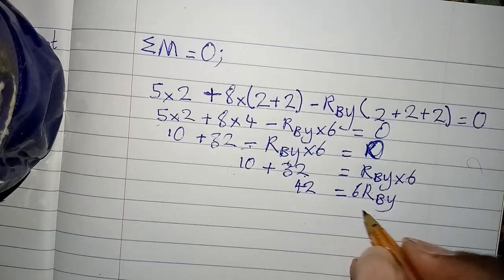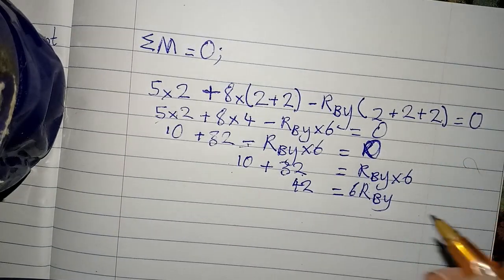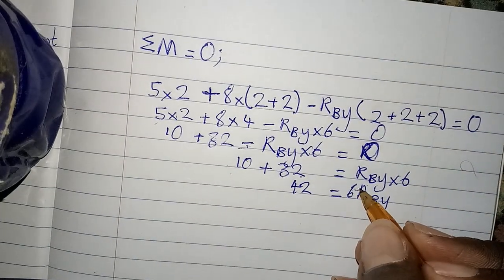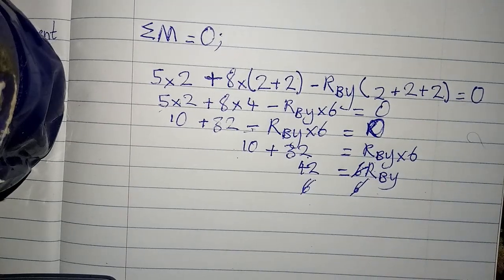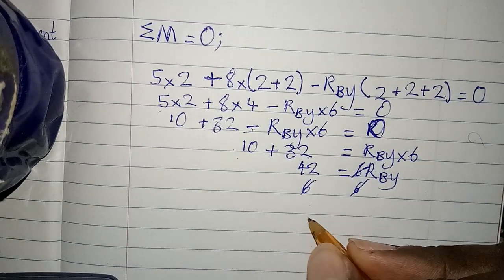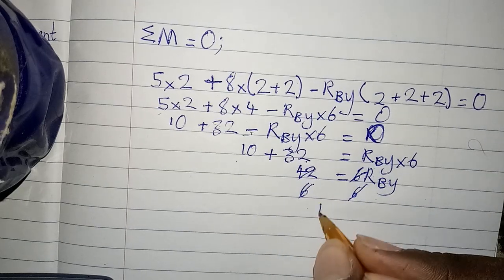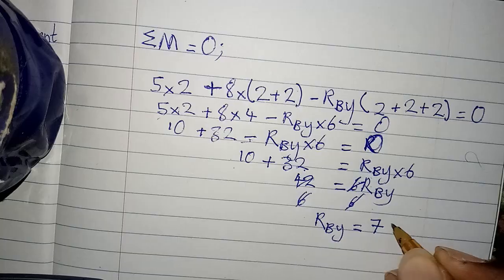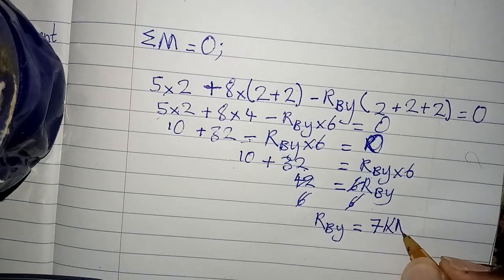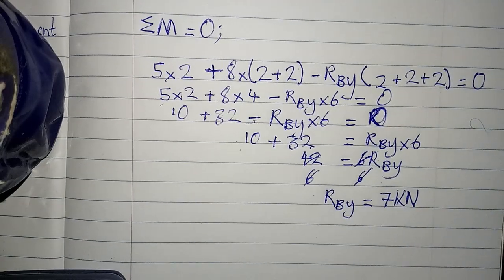So let's divide both sides by 6. 42 divided by 6 gives RBY equal to 7 kilonewtons.